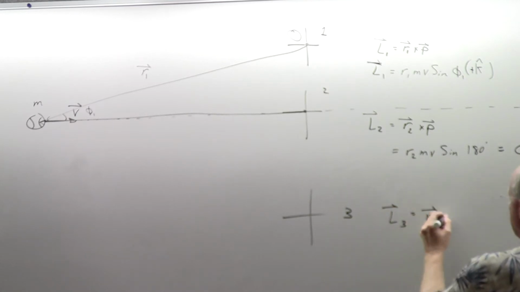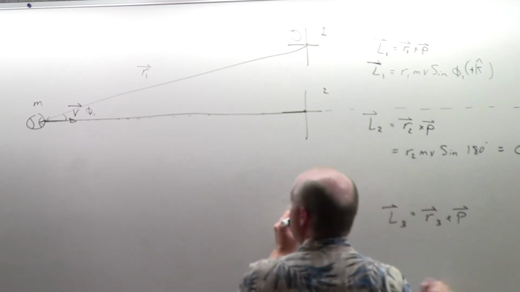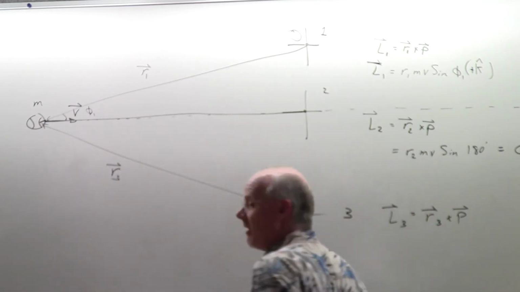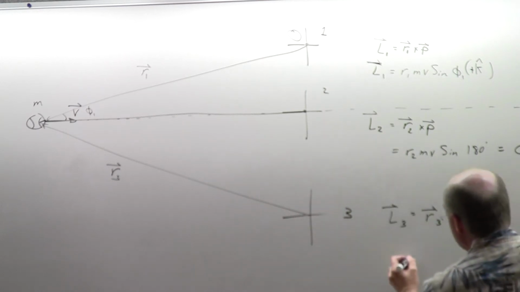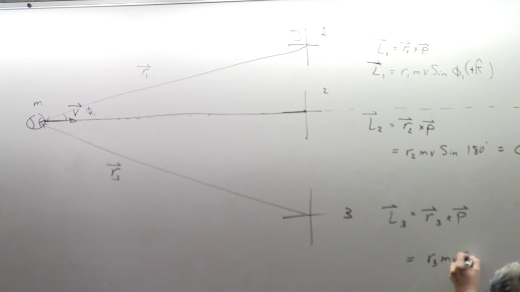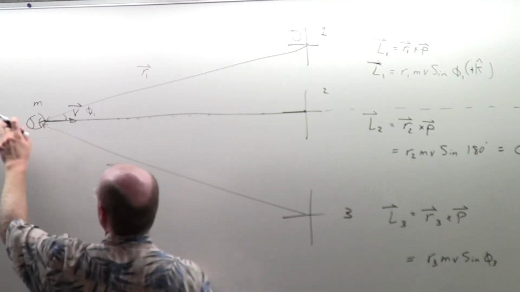And you're probably getting the idea by now that number 3 is not going to come out to be 0. And it's not even going to come out to be positive. It's going to come out to be negative. So if there is R, the magnitude would be R3 m v sine of angle 3, and I guess angle 3 would be this way and back.